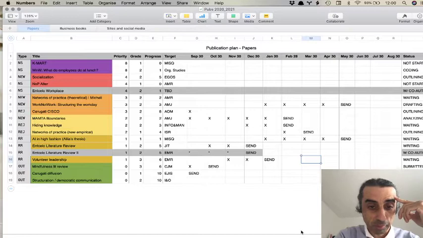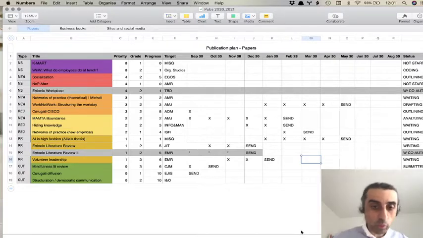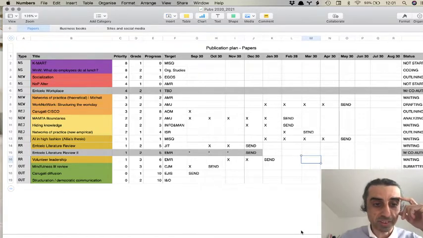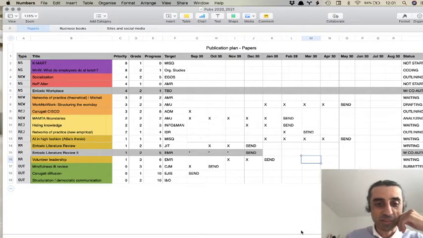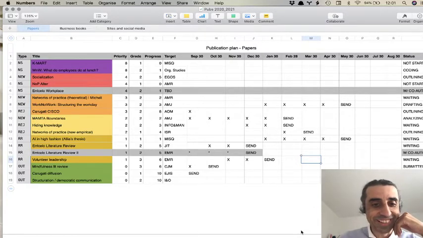So what I want to share with everybody today is my writing planner, and this is basically a spreadsheet that I built once I joined ESEG, which is my current employer, because at ESEG I do have publication targets, and I didn't have publication targets before, so I just could merrily go around and write on research at my own pace.